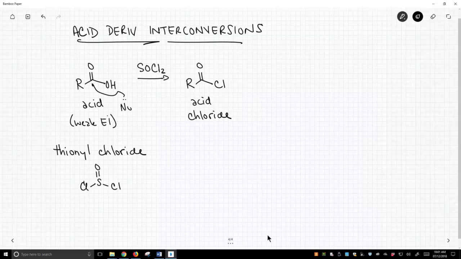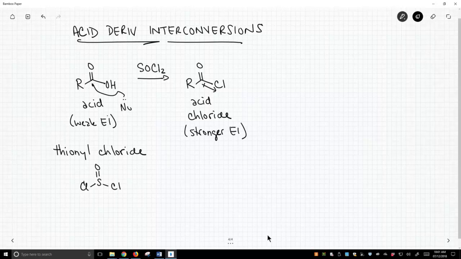So we need to do something to make the carbonyl more electrophilic, and that's what the acid chloride does. Because of this chlorine and its nice inductive effect, it enhances the electrophilicity. Let's not say it's super strong, but it is a stronger electrophile.